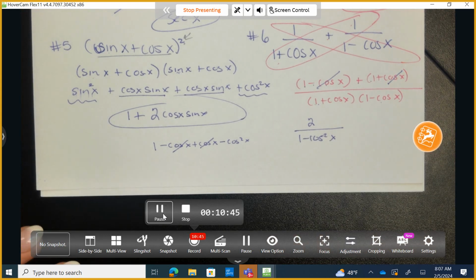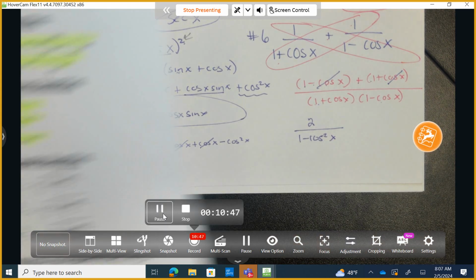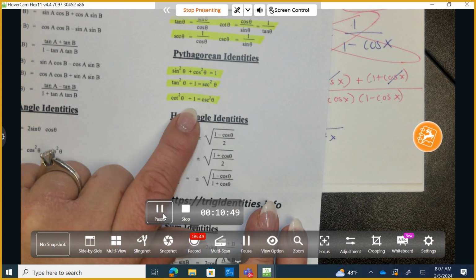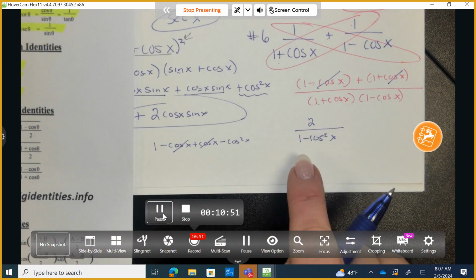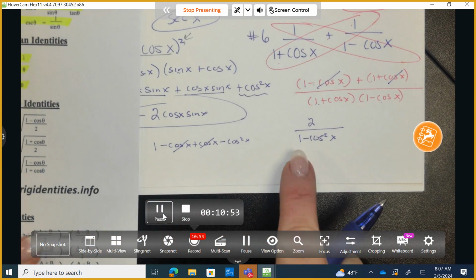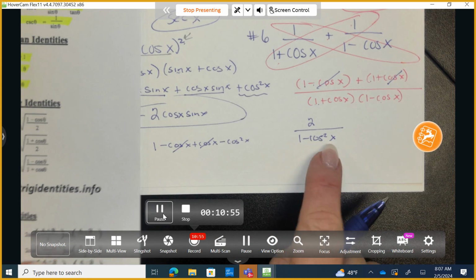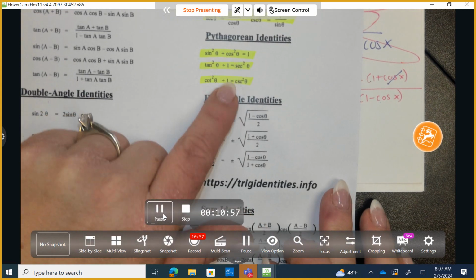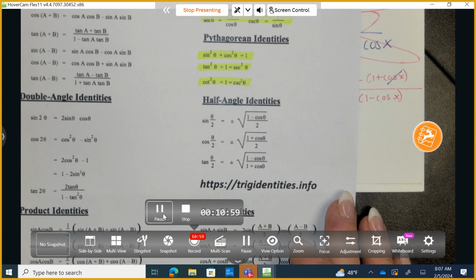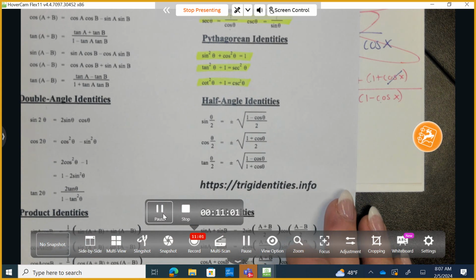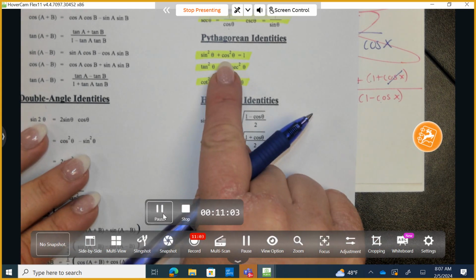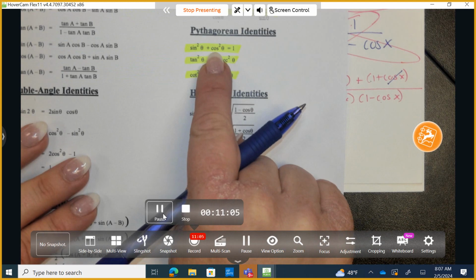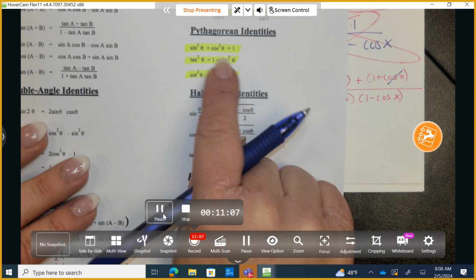Let's go back to the identities. Which one of these 3 identities could I rewrite to be left with 1 minus cosine squared x? Talk to your partner. Is it the first, the second, or the third? It should be the first. So if I move the cosine to the opposite side, it has to be subtracted.